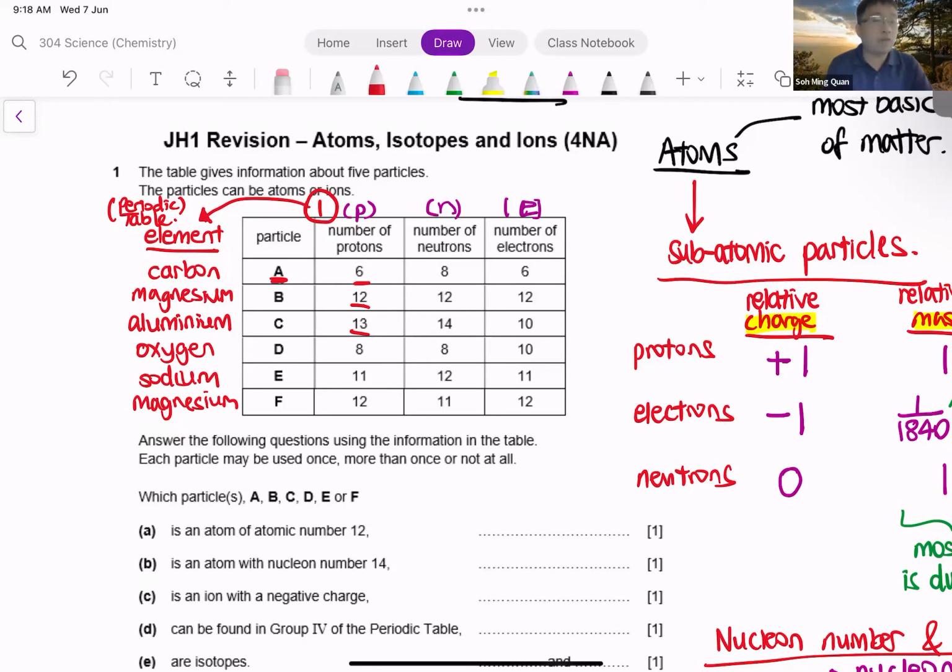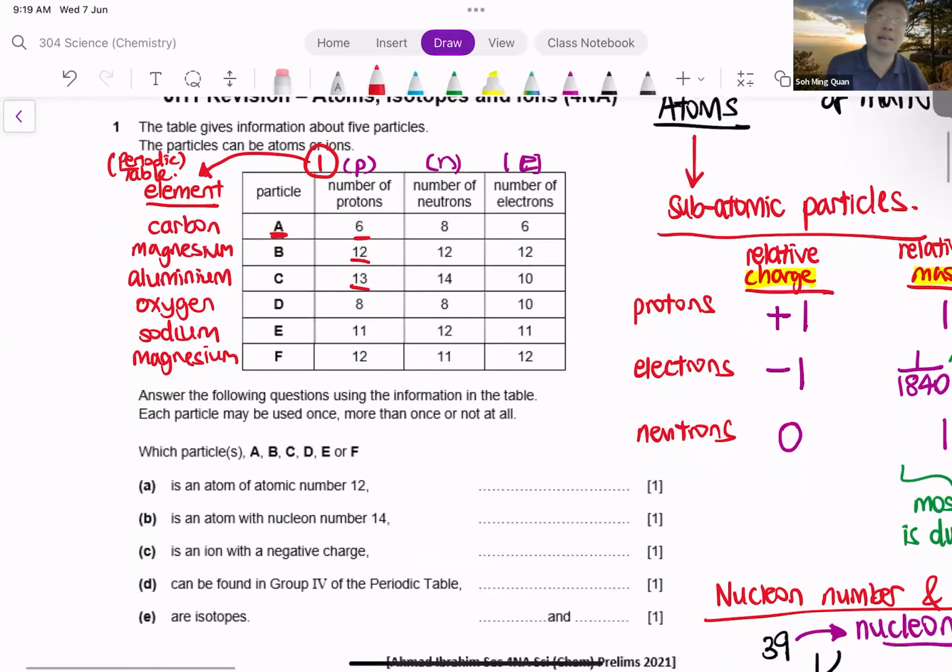Next, if you look at the 6 particles, A to F, 2 of them are the same element. B and F are both magnesium, right? So immediately you know that this is what you have learned as isotopes. Isotopes are atoms of the same element with the same number of protons.